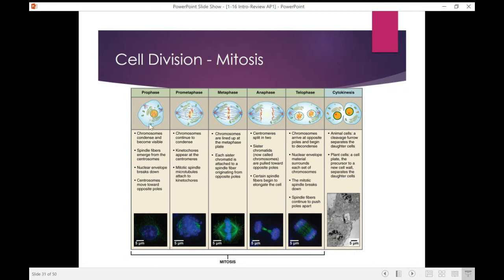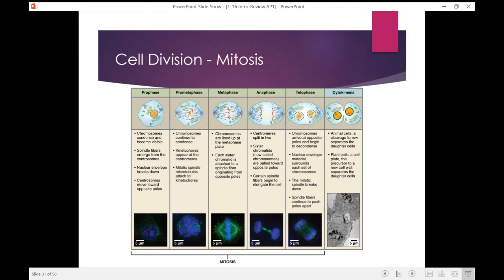The spindle fibers are going to emerge from what are called centrosomes. So centrosomes are over here on the outside, along the poles, so to speak, and we get these fibers that sort of come out, sort of like Spider-Man shooting out some fibers. The nuclear envelope is going to break down, okay, and the centrosomes are going to move towards those opposite poles.